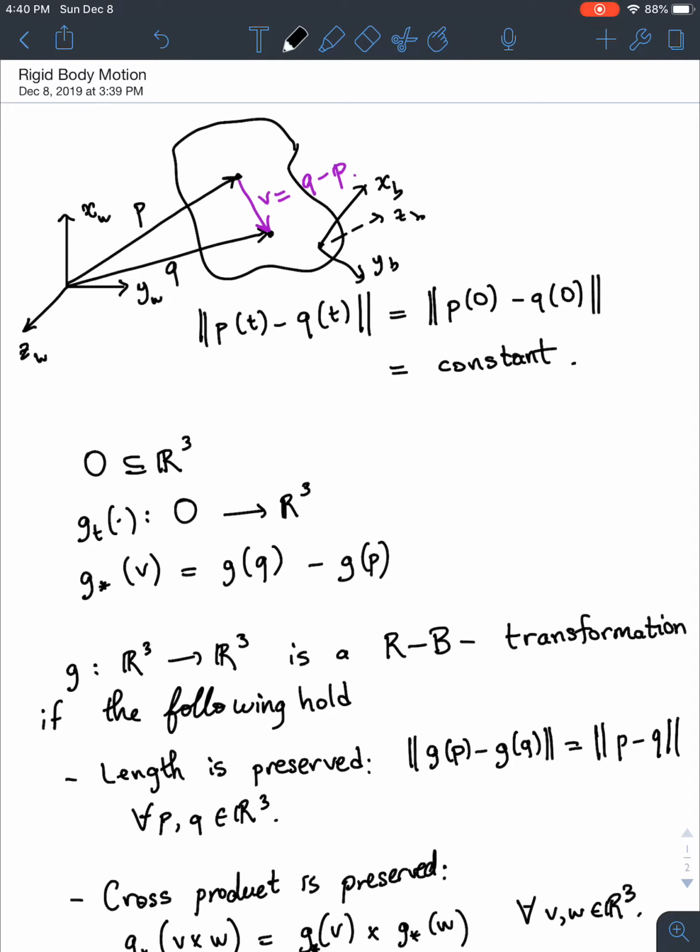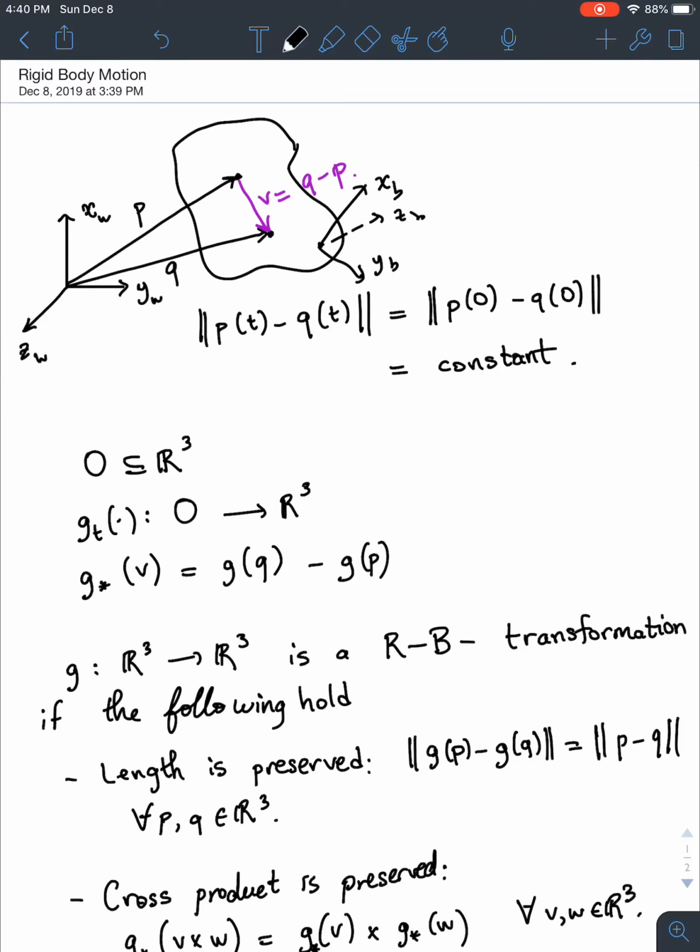And we're not only going to track the motion of a point on the rigid body, but also how the vectors that make up the coordinate system attached to the body move with respect to the vectors that make the world frame up. We're going to make that precise in a moment.